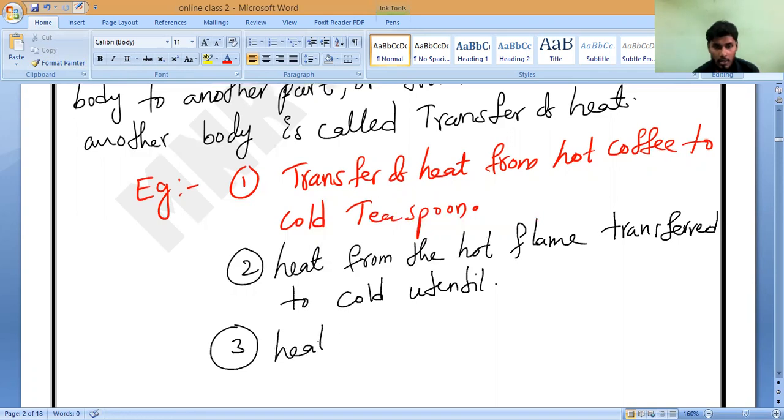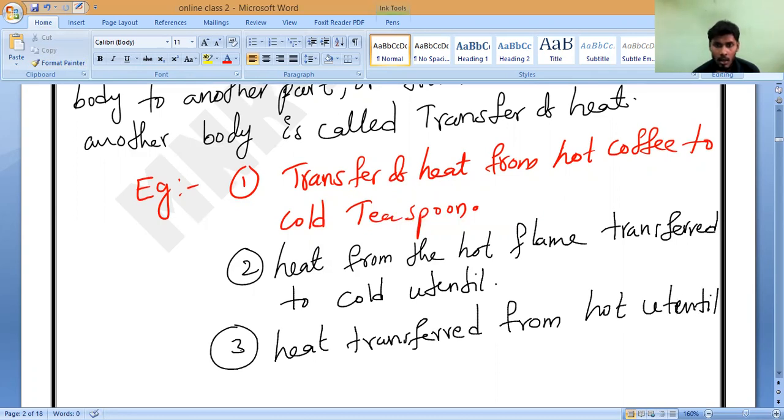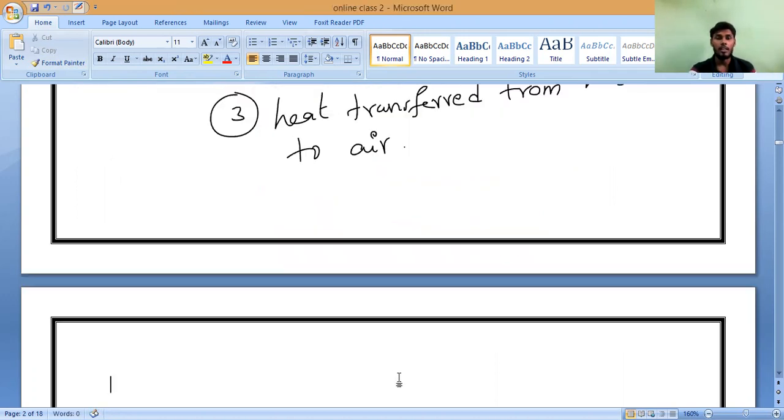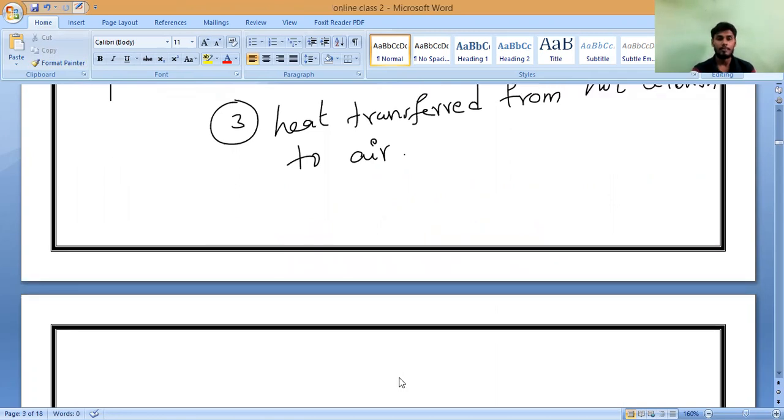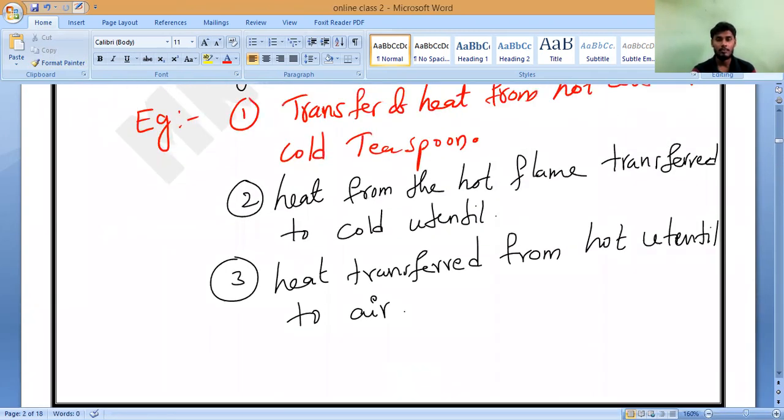Heat transferred from the hot utensil to the air. Understand? So this is the third. Write it. Do you understand or not?